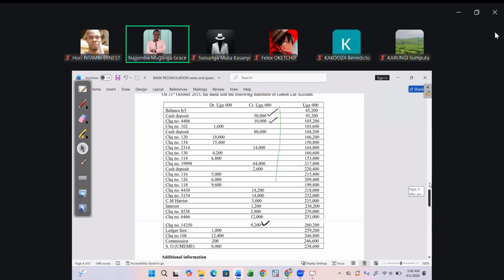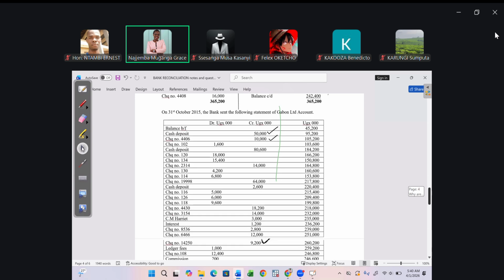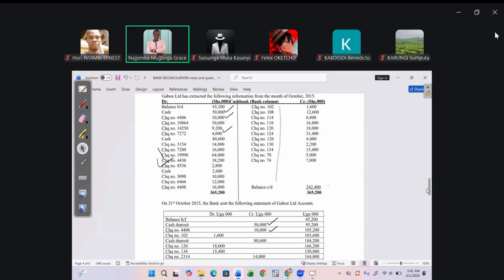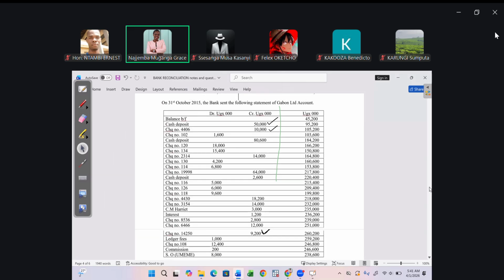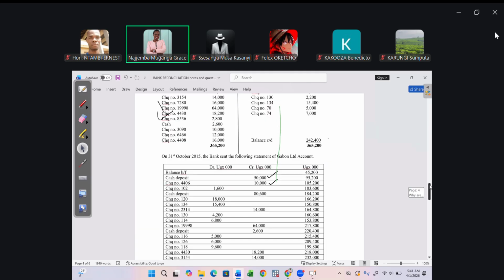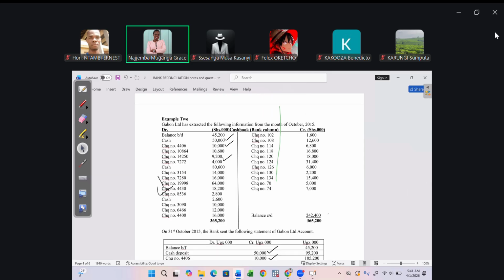It's on there. Then cash of 8,600. Has anyone seen it? Yes, received it. Should be on the credit here, 8,600. I hope you can see that I tick on both. 8,600.